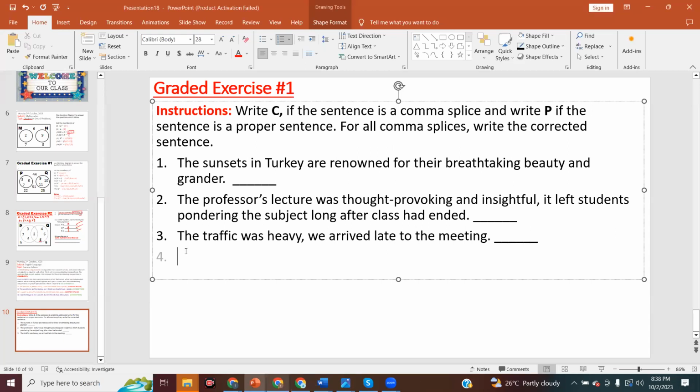Number 4. She loves to hike. He prefers staying indoors.